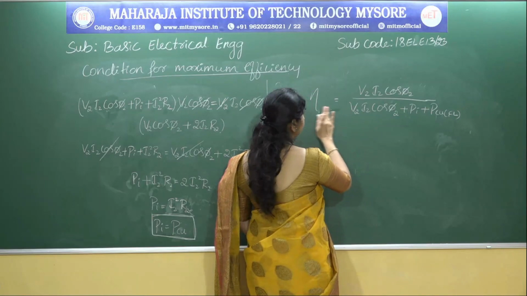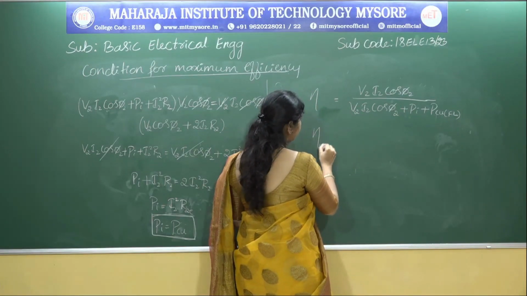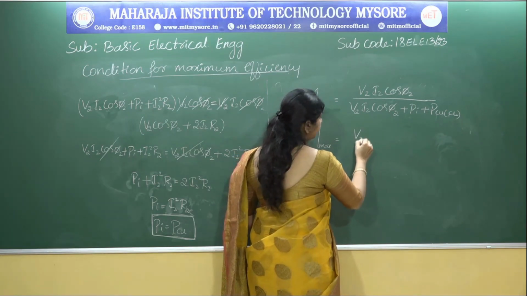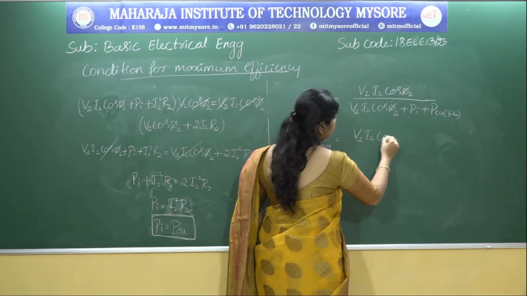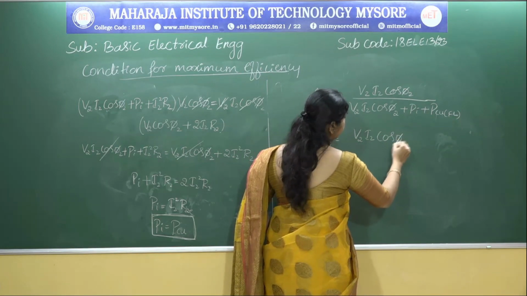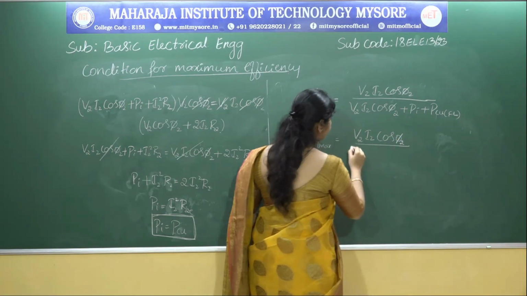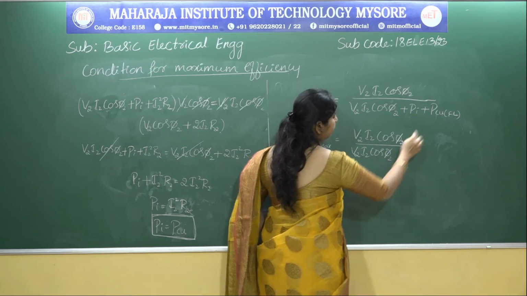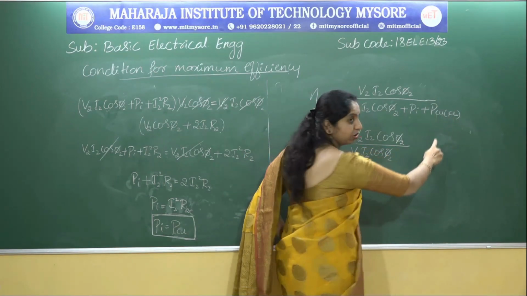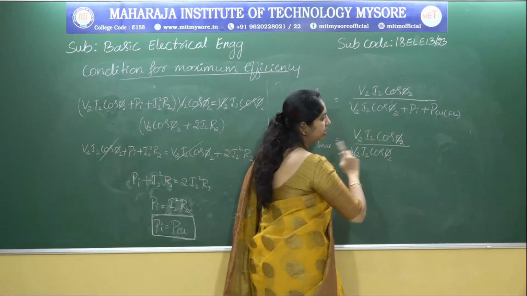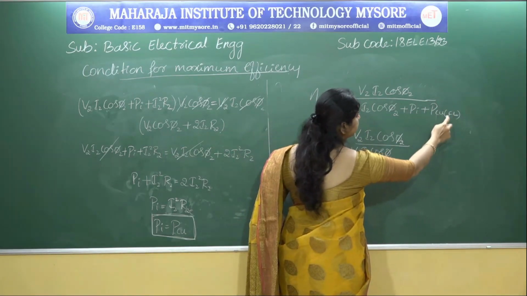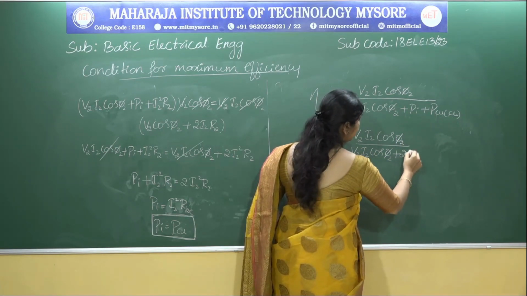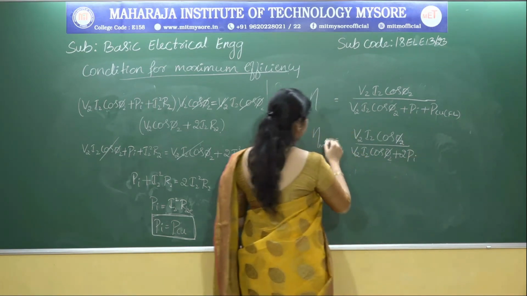This is the efficiency, and similarly to find the maximum efficiency, this equation can be written as V2 I2 cos phi 2 divided by V2 I2 cos phi 2, and if I substitute PCU, the condition is Pi is equal to PCU. If I replace this PCU by Pi, we get Pi plus Pi, which can be written as 2 into Pi.